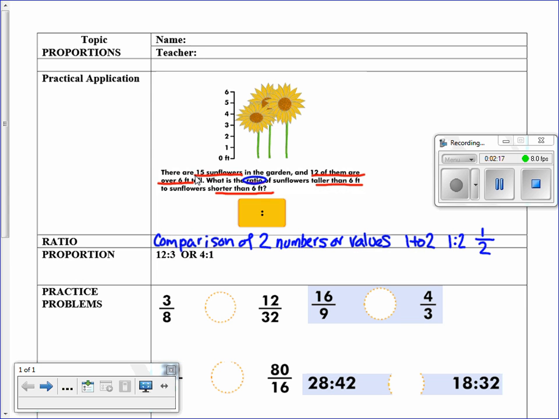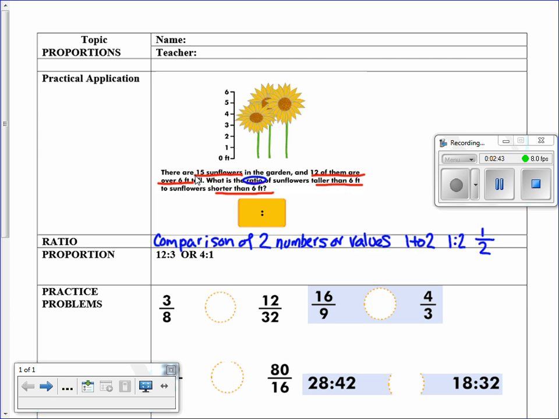You call it a fraction, I call it a division problem. This is really important. We need to understand that this is a ratio because once we deal with proportions and when we get into probability, we need to understand that we're actually comparing two values, 1 to 2.